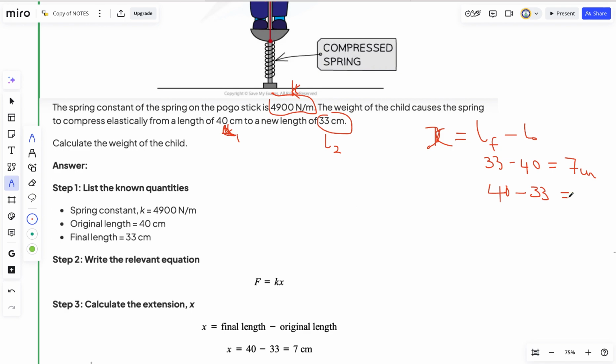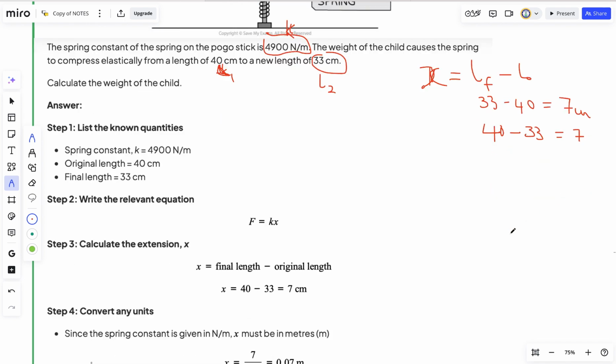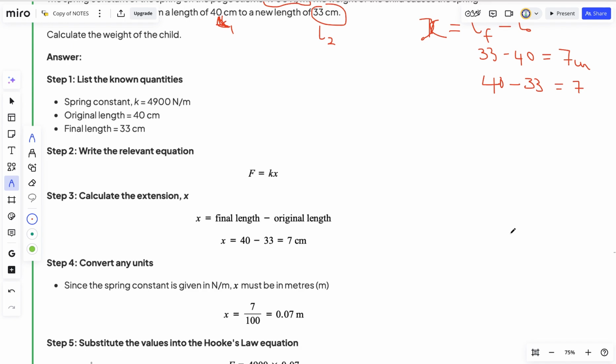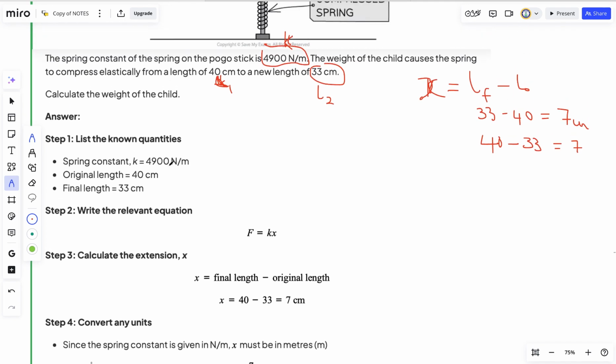Why should we change to meter? What's the point of changing to meter? Because the spring constant is, look at this, in Newton per meter. If this spring constant was in Newton per centimeter, there would be no need to change this 7 centimeter.